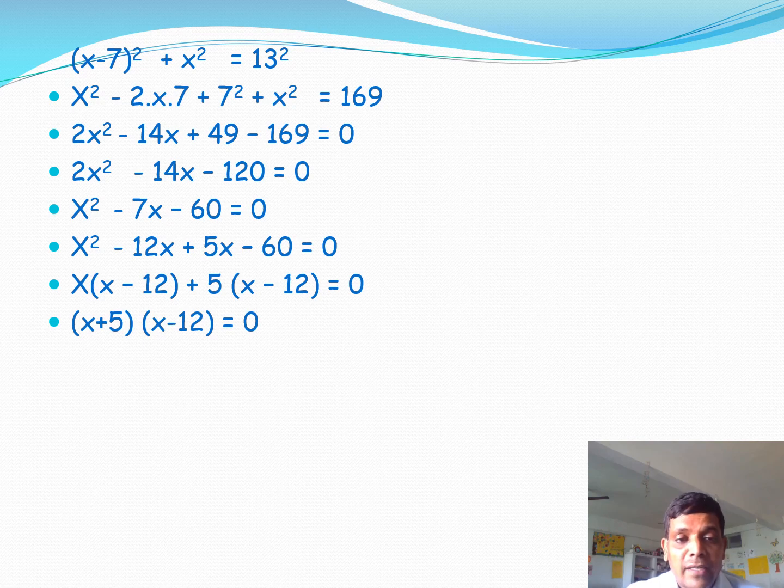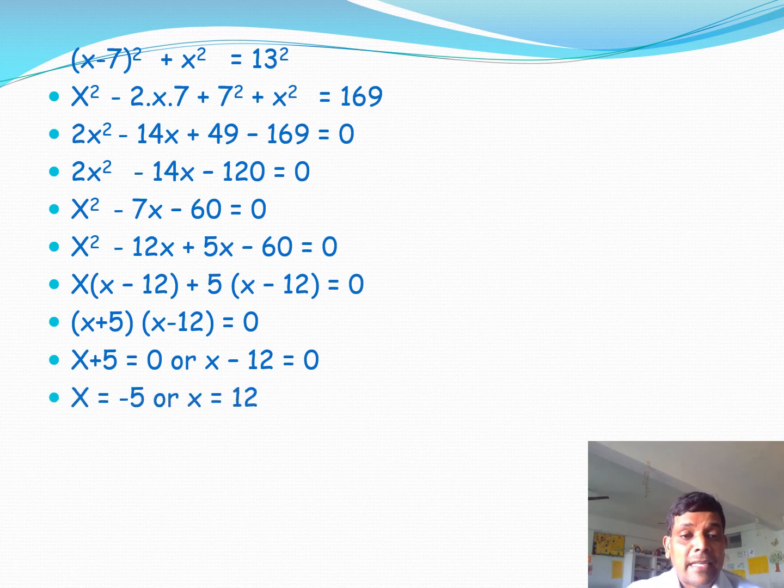X minus 12. What is the remaining? X plus 5 is equal to 0. X plus 5 equal to 0 or x minus 12 equal to 0. X plus 5 equal to 0, then x is equal to minus 5, or x minus 12 is equal to 0, then x is equal to 12.